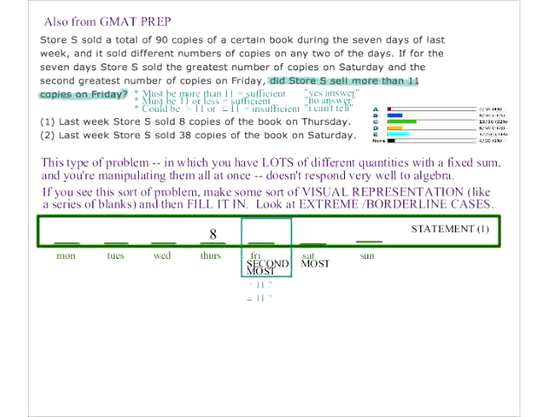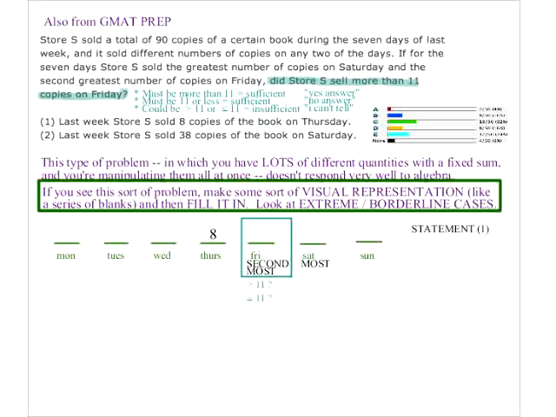Borderline cases meaning cases that are on the edge of the range. Someone said, let's try to make this 11. Okay, let's try to make that 11. Remember, we're most interested in Friday. So let's try 11 on Friday, and let's see what happens.